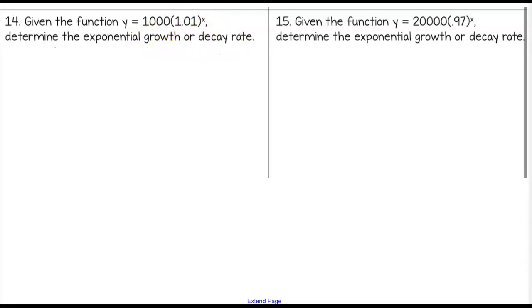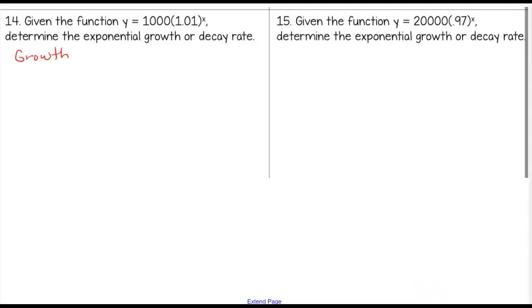Okay? So this is what we're going to do. First, the growth factor is 1.01, so we know that it's growth. Then we know that the growth factor is 1.01, and that's greater than 1, so we're going to subtract 1 from it.